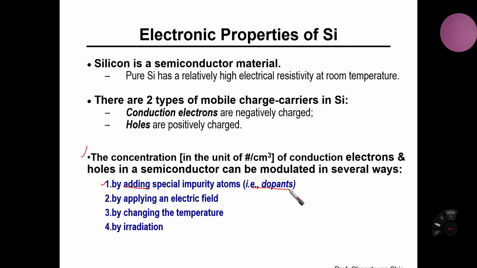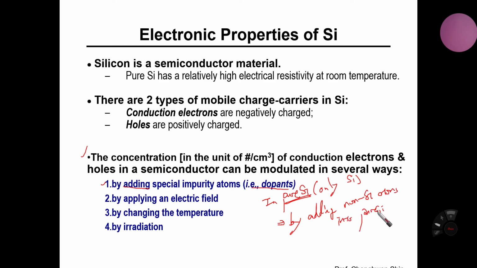Again, pure silicon means only silicon, right? No other atoms in this silicon. In pure silicon, by adding a non-silicon atom into pure silicon, we can control the number of electrons and holes.